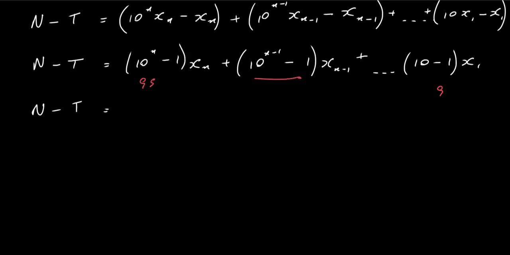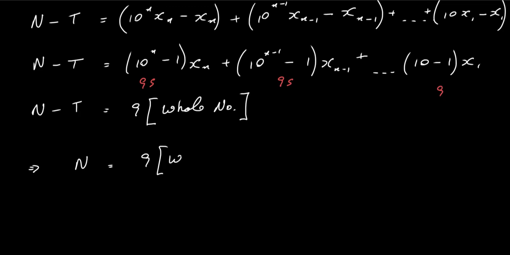Each term in this expression is just going to involve an x with a lot of 9s as the coefficient. So we can factorize out the 9 from all of these, and we'll end up with some whole number here. So if we take our original number, which is n, that'll be 9 times some whole number plus t, our test number.